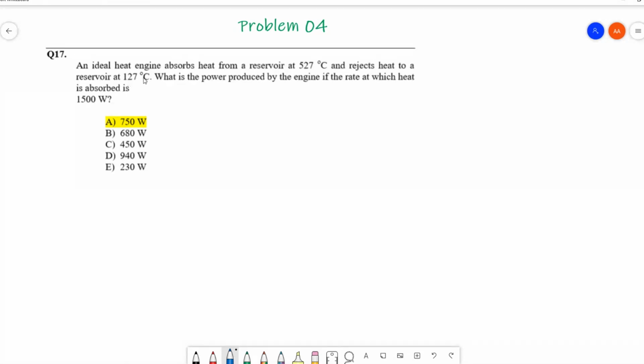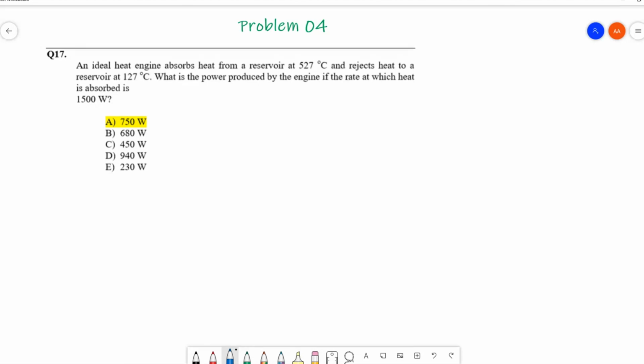So be careful. In thermodynamics, most of the time we need to work with Kelvin. So here they are given in degrees. So keep it in mind. What is the power produced by the engine if the rate at which heat is absorbed is 1500 watt? Okay, great.